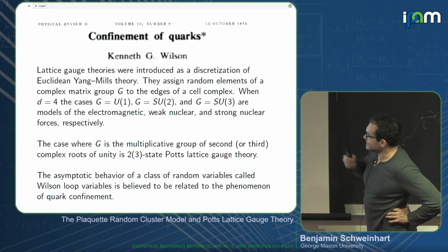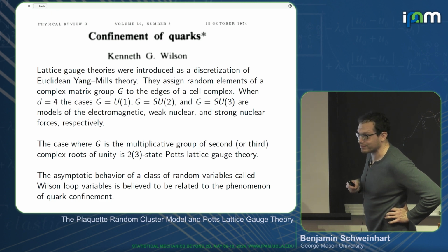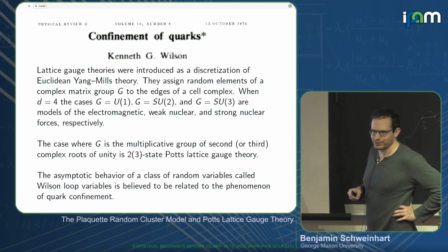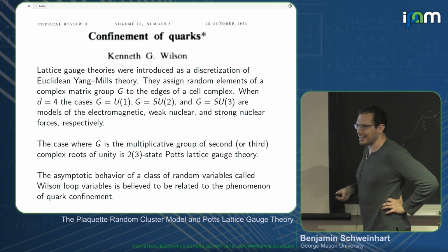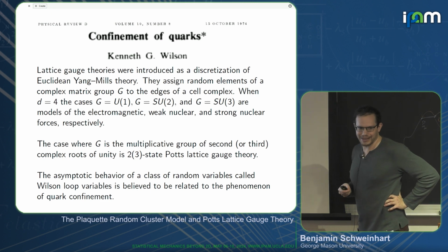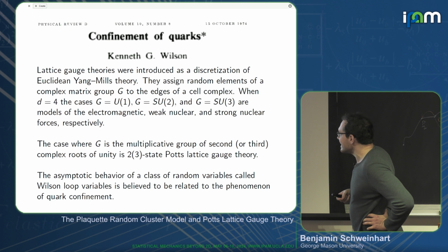Lattice gauge theory was introduced as a discretization of Euclidean Yang-Mills theory by the famous physicist Kenneth Wilson. And if you take your Z2 or Z3 and replace it by a complex matrix group, you model the fundamental forces of nature. Unfortunately, I will not be telling you about that today, but it turns out it's non-trivial even if you look at the simplest cases of Z2 and Z3, and actually we can prove some theorems about them and say some nice things.